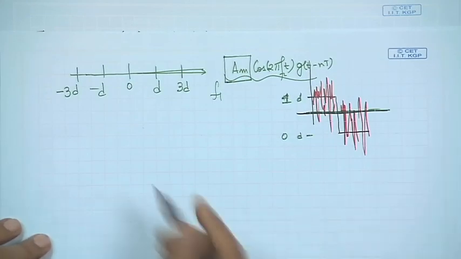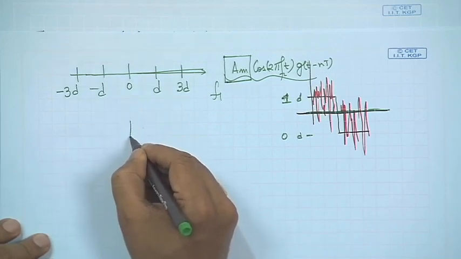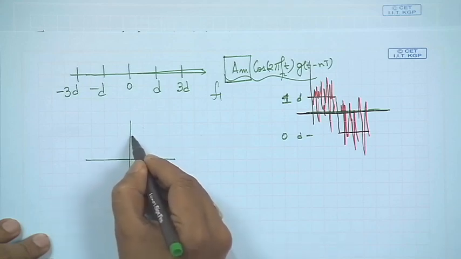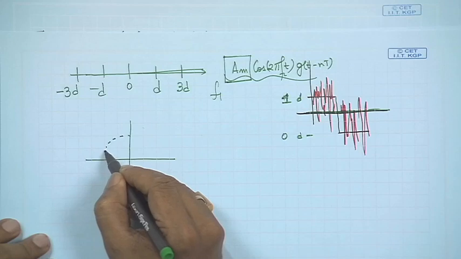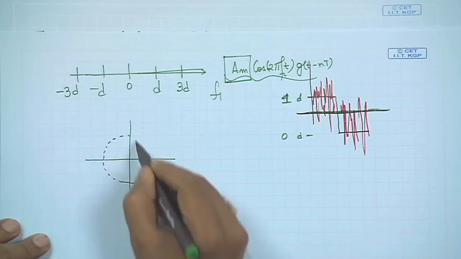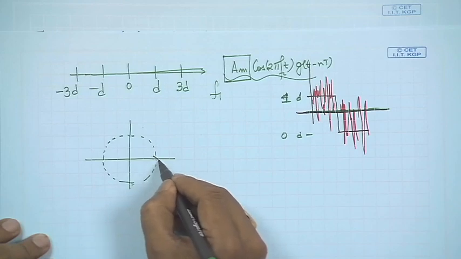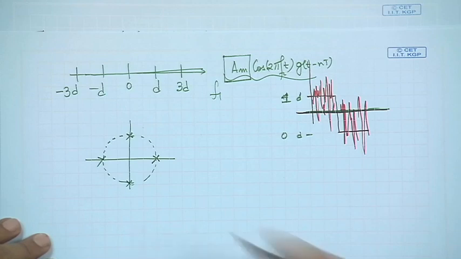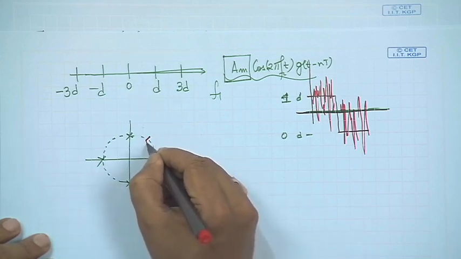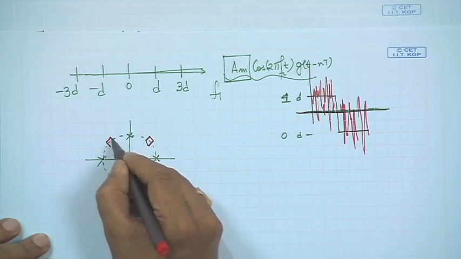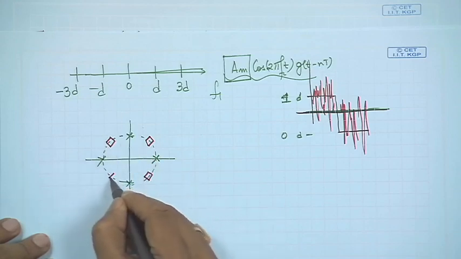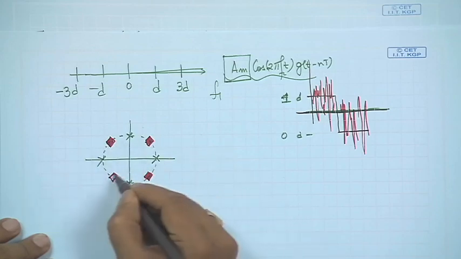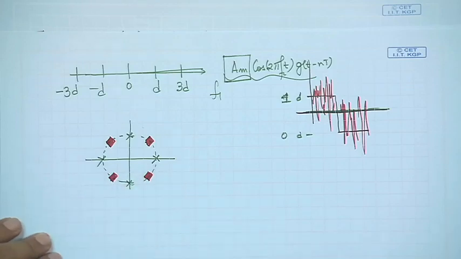When we studied the next constellation, we studied QPSK. Either this could be one constellation or this is pi by 4 shifted QPSK. So, clearly there are 4 phases.